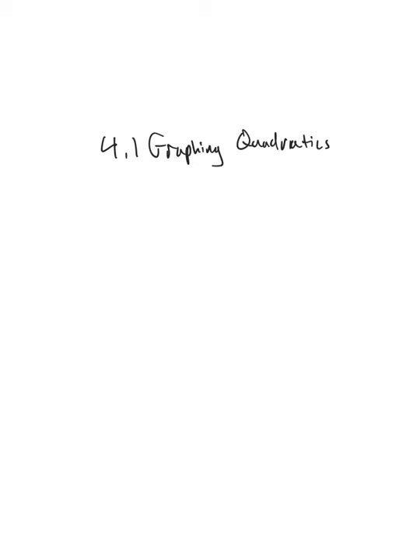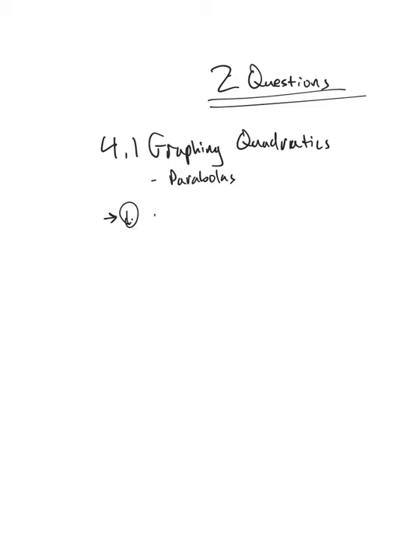Guys, quadratics are parabolas. That's the shape of a quadratic function. It's 7 total questions on your test. So 2 of the questions are going to come from 4.1, graphing quadratics. Just a quick review. The first step in doing that, guys, it's a 3-step process.